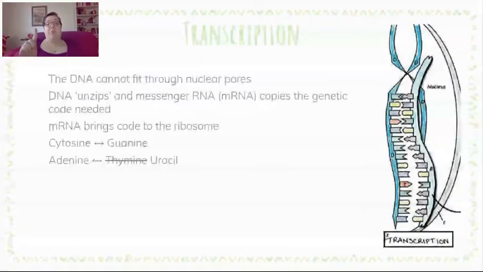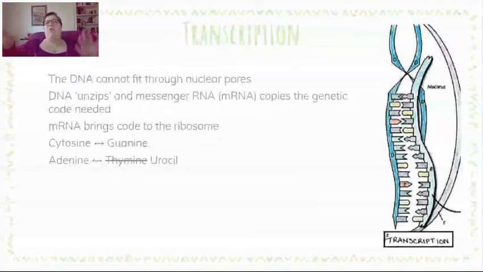So that first step, making a photocopy, the word for that is transcription. And this happens because DNA can't fit through the pores that let things in and out of the nucleus, nor do we really want it to, because you really want to keep the DNA somewhere safe, somewhere where you're going to be able to use it over and over again to make new proteins.